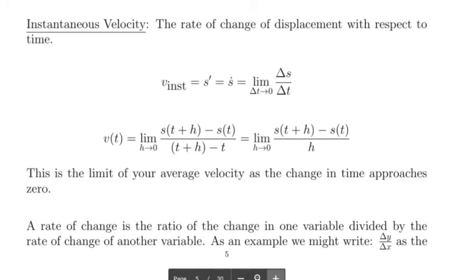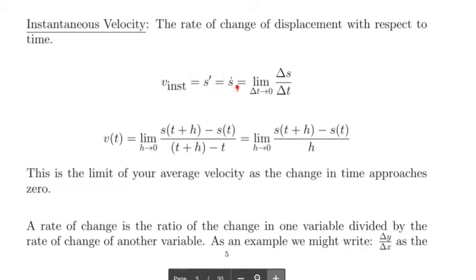Let's say you're driving on the road, the velocity that you're going right now. Not over a time period, not averaging it, but how fast are we going right now? That's the instantaneous velocity, and the way we get that is the first derivative of displacement.